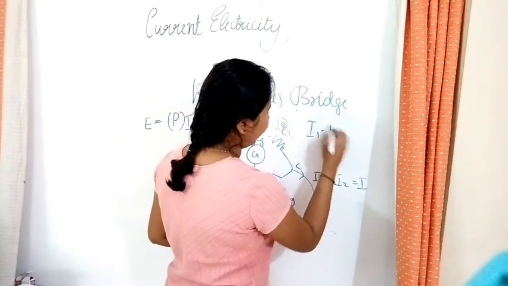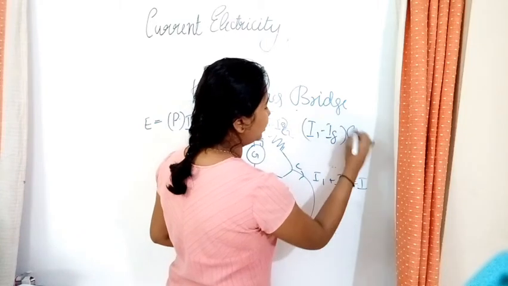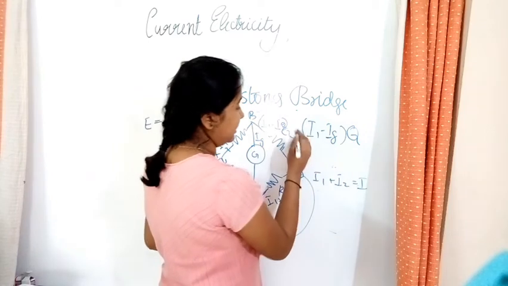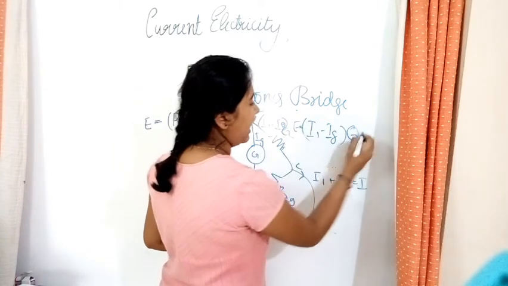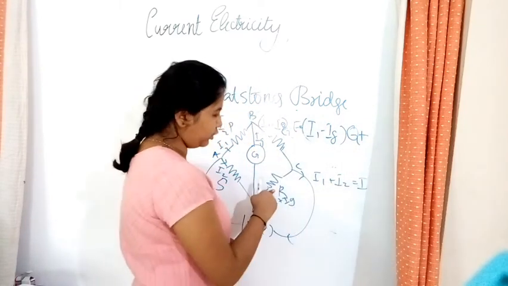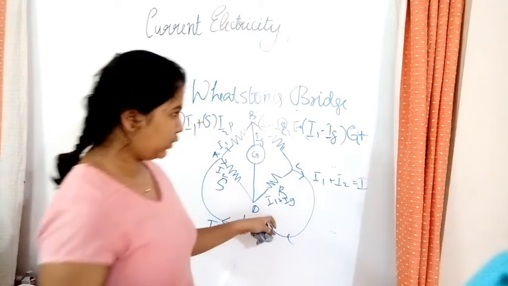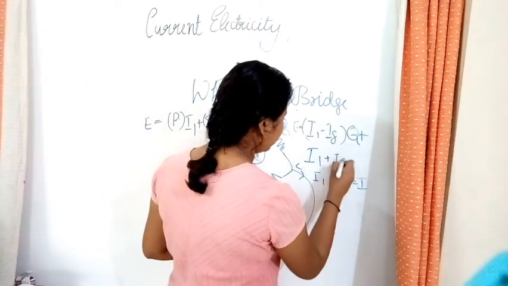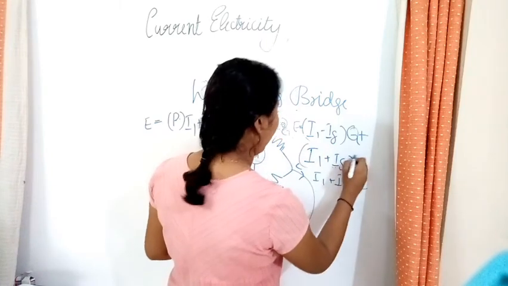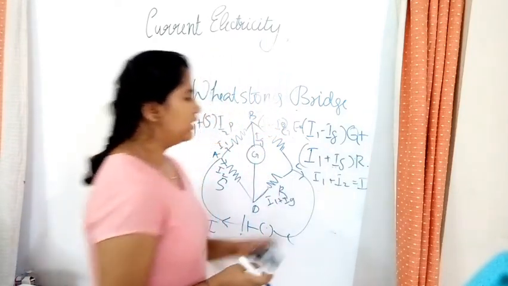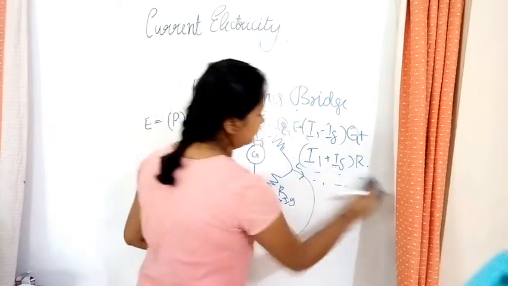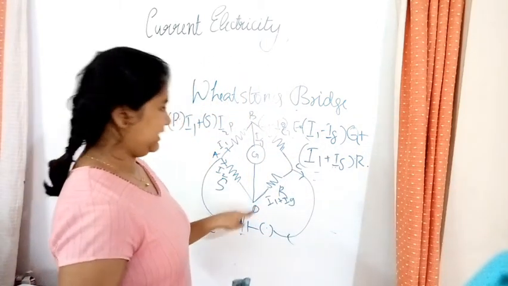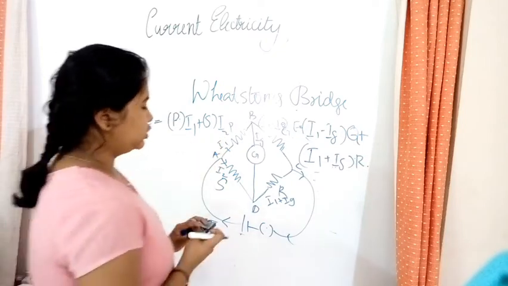I1 minus Ig into Q is the EMF of the cell, that is E, is equal to, and then plus there is one more over here. What is the current passing through here? That is I1 plus Ig into R. So this is the equation for the loop BCD.